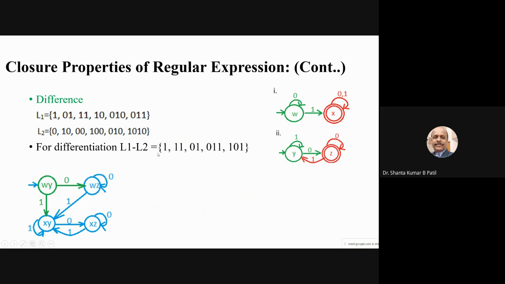So maybe 1 is there in L1, but you will never find 1 in L2. That's why we record 1 in L1 minus L2. 11 is there in L1, but 11 is not there in L2. Like that, 0 1 0, 1 1 1, 0 1. So these are all the regular expressions.